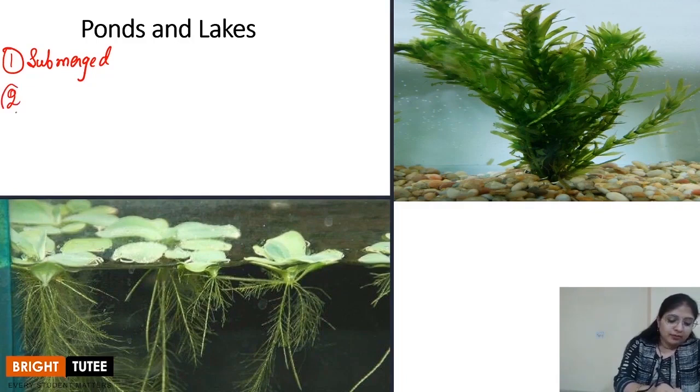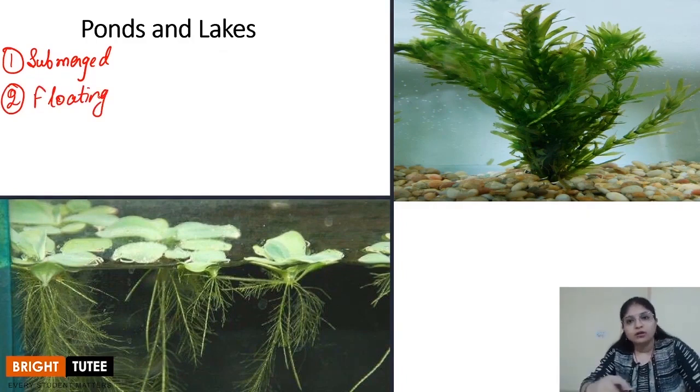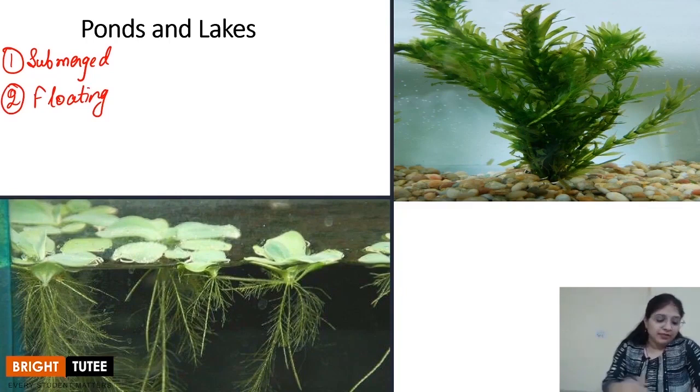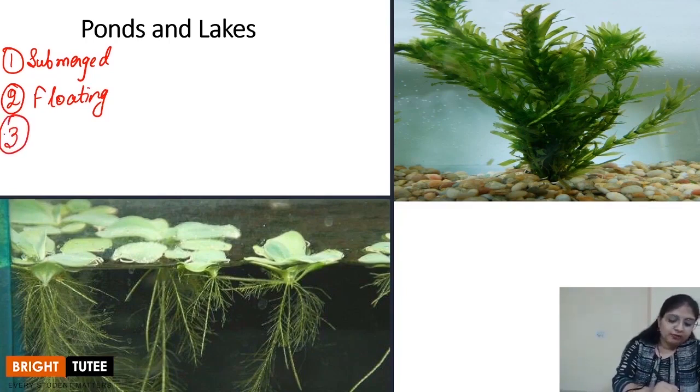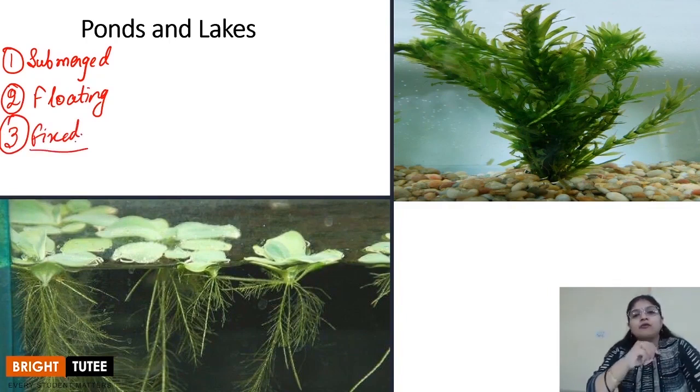Then you have the plants which are floating plants. These are the plants, students, which will float along the surface of the water from one place to the other. Then you have third kind of plant, which are fixed plants. Now understand these, that the fixed plants actually are fixed to the bottom of the lake or the pond, right?